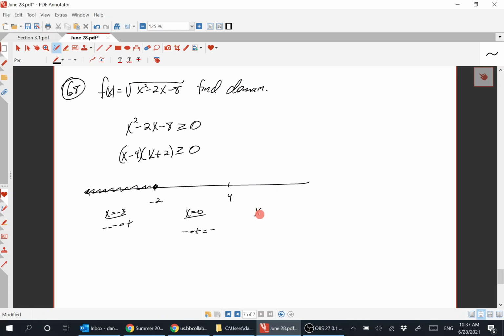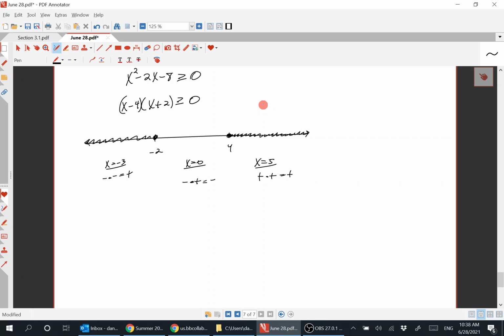And then in this interval here, pick a point to check, and the terms are both positive here. So the product is positive, so this is part of the domain. So the domain is equal to minus infinity to -2, including the -2, union 4 to plus infinity, including the 4.